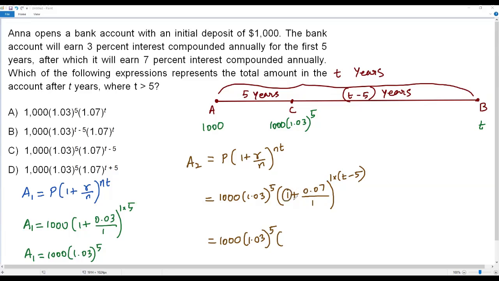When I add it to 1, we get 1.07 to the power of 1 times T negative 5, which is T negative 5. So this is the value of the deposit, or the total amount in the account, after T years. That is 1,000 times 1.03 to the fifth power times 1.07 to the power of T negative 5. The correct answer choice for this question is option C.